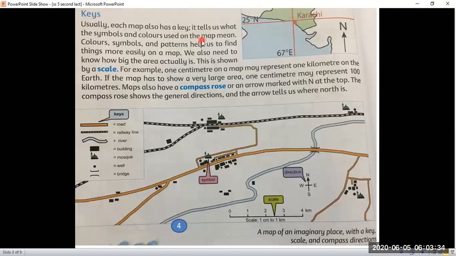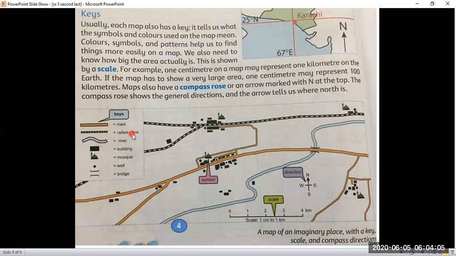Now here, this is the map of a city. We can also understand other key points, how these key points work on a map. For example, this is a map which has some key points. This brown line, which you can see here, shows the roads.